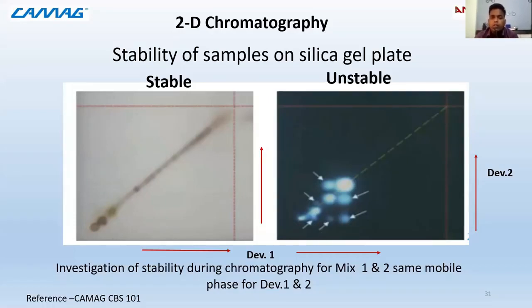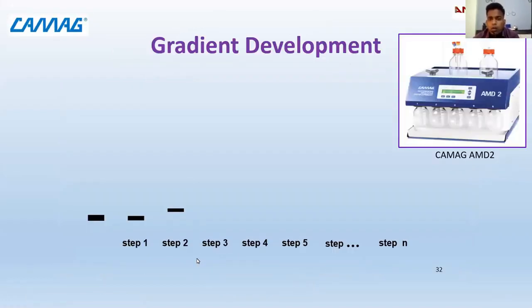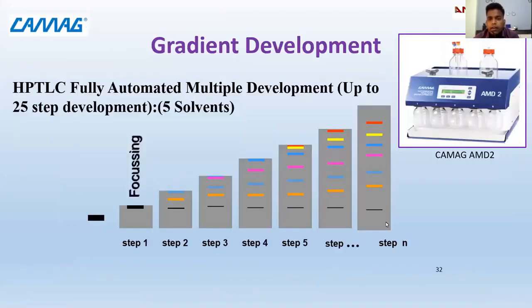For investigation of stability during chromatography, for mixtures 1 and 2, you can use the same mobile phase. Now this is the gradient development technique, which is the AMD2. AMD2 means automatic multiple development chamber. In the AMD2, you can see there are 5 bottles.